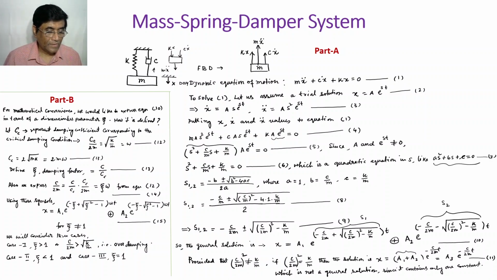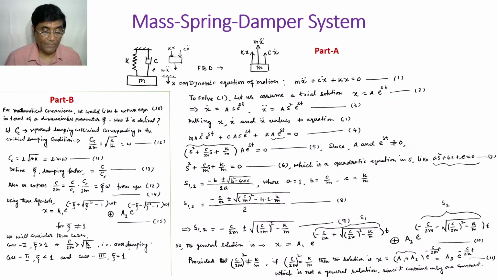So for zeta not equal to 1, look here now, come back. We can consider case number 1 when zeta is greater than 1, that is c by 2m greater than root over of k by m, and we call the system overdamped, and the situation is overdamping.